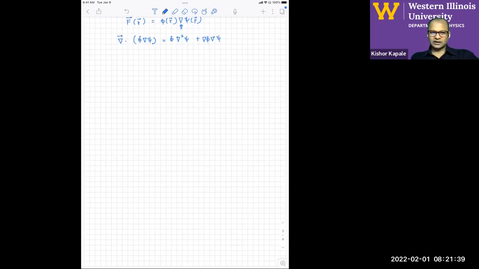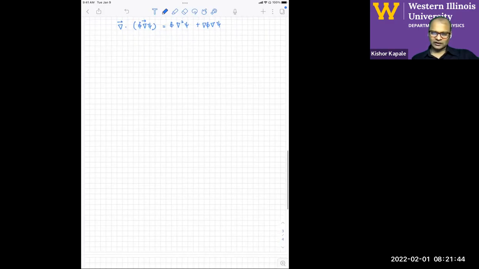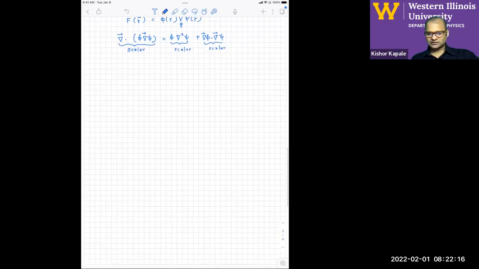So the divergence of the product gives you this, one term involves the Laplacian, the other term involves the, actually I should be careful here. Both of these are vectors. And so it's going to be a dot product there, right? So you expect this divergence of a vector to be a scalar. And so that needs to be a scalar, and that needs to be a scalar. So make sure you always check your expressions to see that they have the right kind of character, vector character or scalar character.